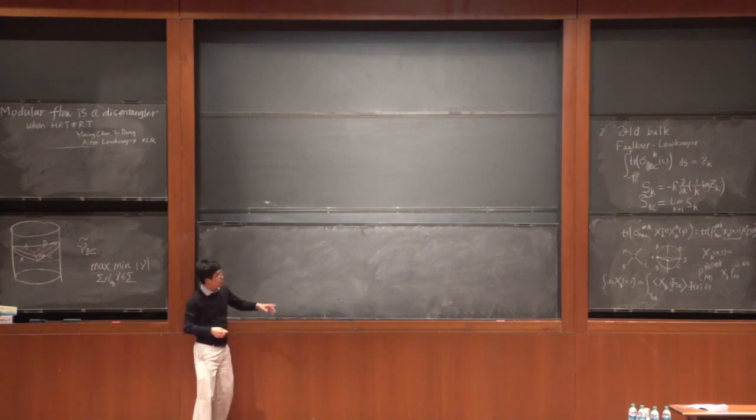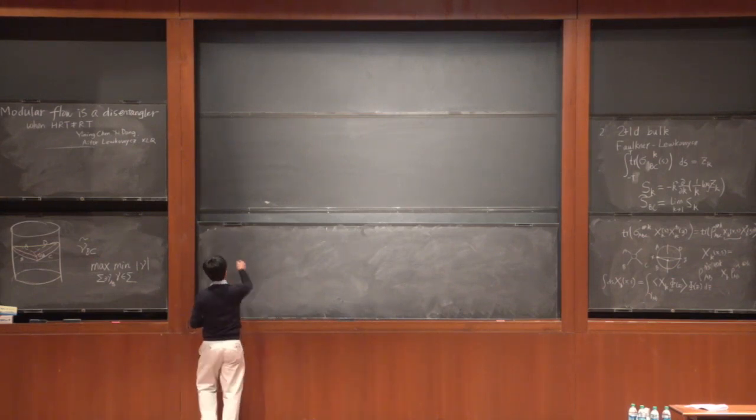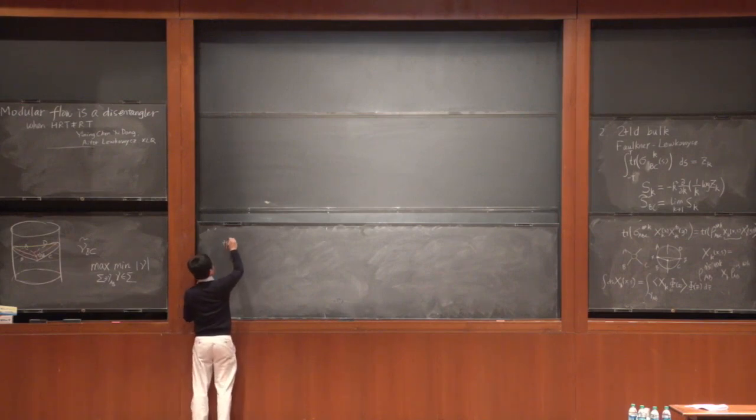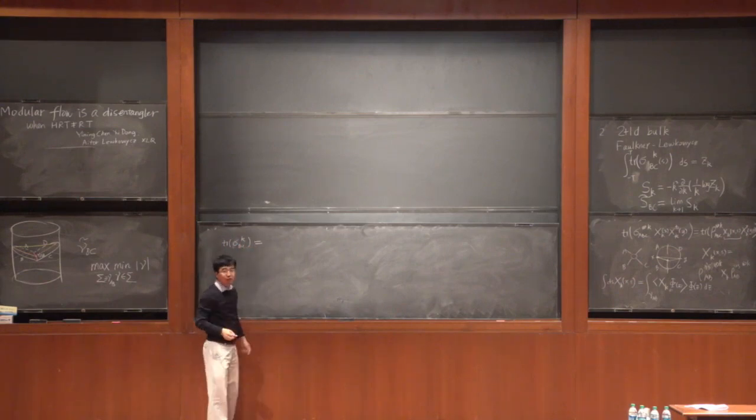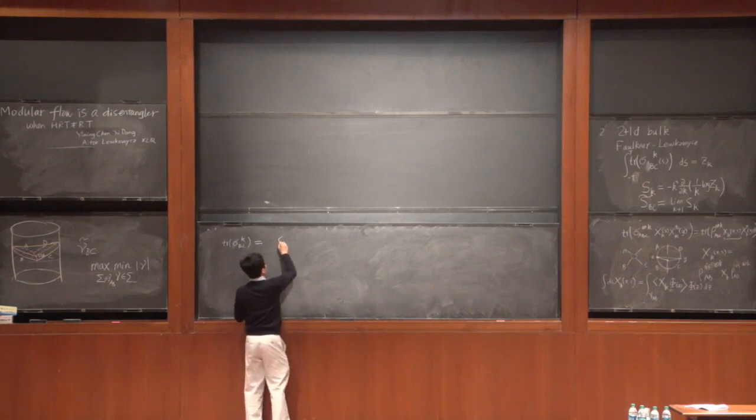Now you expand the operators on the geodesic, and then you can write this two-point function of twist operators as a multiplication of two correlation functions.